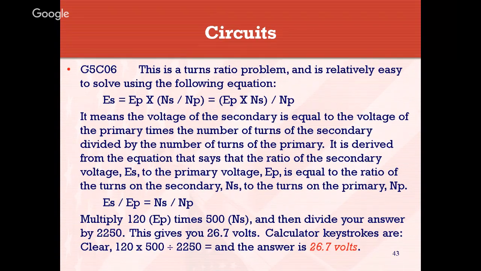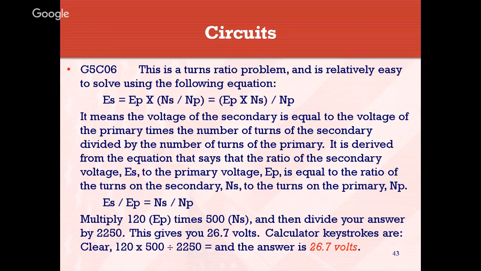So it's derived from the equation that says that the ratio of the secondary voltage, which is represented by ES, E, of course, voltage, S is the secondary, to the primary voltage, represented again, E voltage, P primary, is equal to the ratio of the turns on the secondary, which is NS, to the turns on the primary, which is shown as NP.